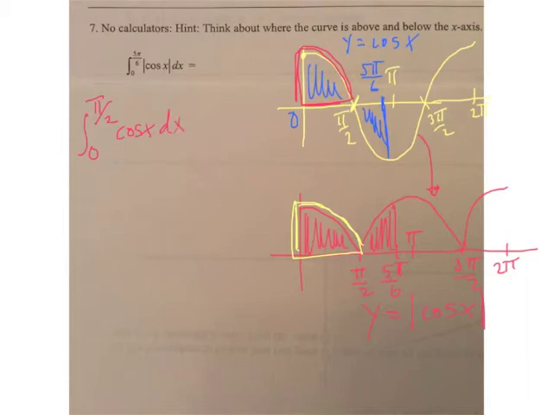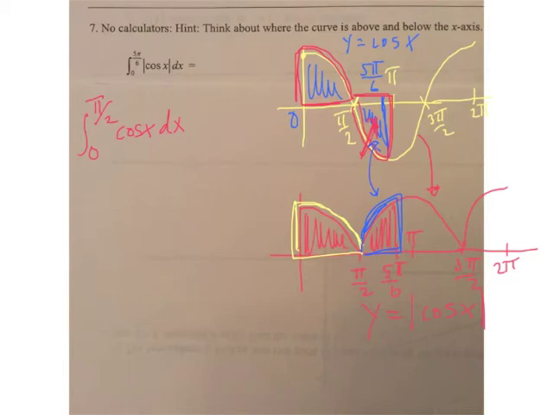But now I have to be concerned, because if I was just going to go from 0 to 5 pi over 6 without thinking about the fact that this is negative area in here, whereas we are looking for the positive area, or its opposite signs, in the absolute value graph.